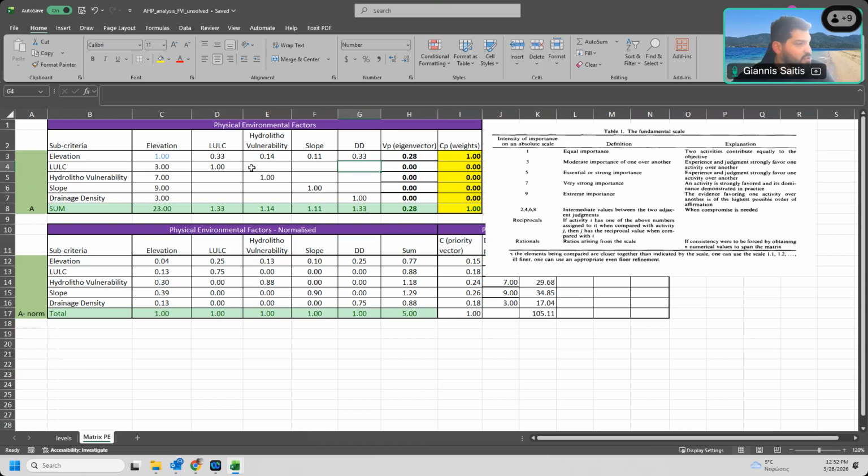So the land use land cover, we have finished with the elevation. The land use land cover to the hydrolithology, which do you think is the most important and how much? Come on, guys. I won't finish until we complete the table and see how it goes.